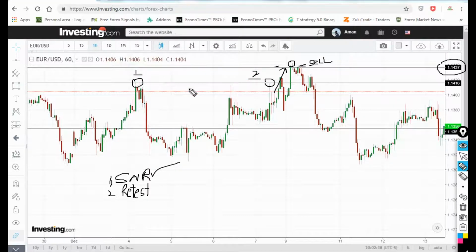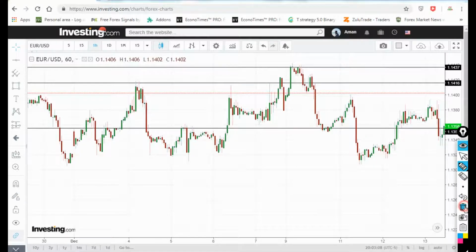Once you have your retest area, this is your entry, and it's also your exit point. Now this is the simple strategy of scalping little pips. Now this is your area of sell.